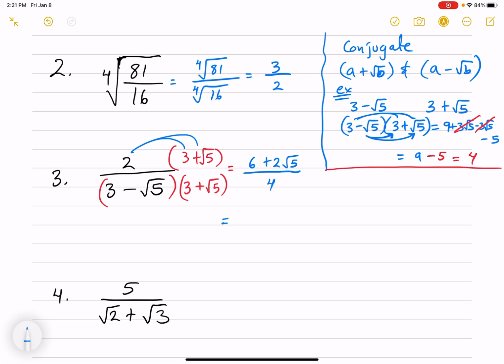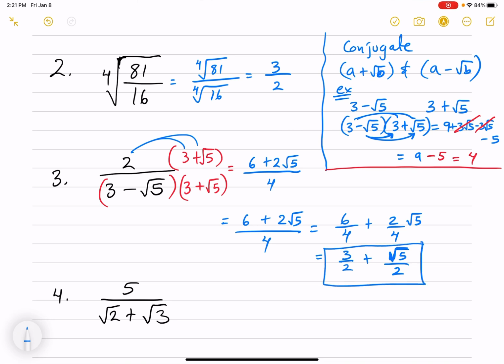Okay, so 6 plus 2 square root of 5 divided by 4 is the answer. But notice how this is the same thing as 6 over 4 plus 2 over 4 square root of 5, which in turn turns into 3 over 2 plus 1 over 2 square root of 5, or square root of 5 over 2. And that would be the simplified form.